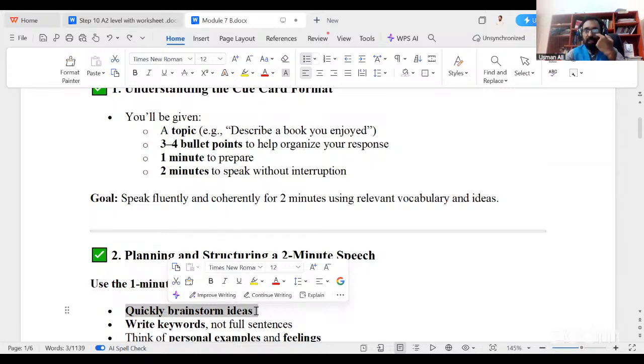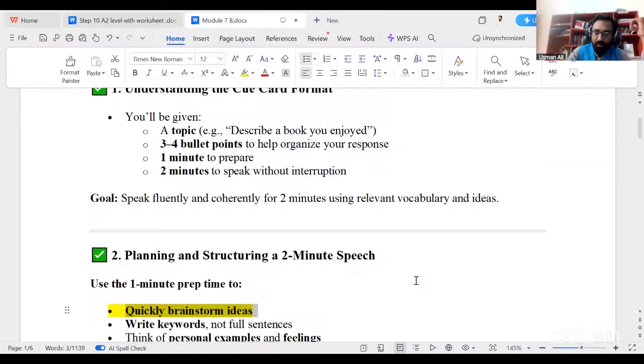That means you have to quickly think about the different ideas you can come up with on that particular topic. You can write, for example, 4 to 5 ideas, and then explain them in the light of your personal experiences and examples. You will write keywords.